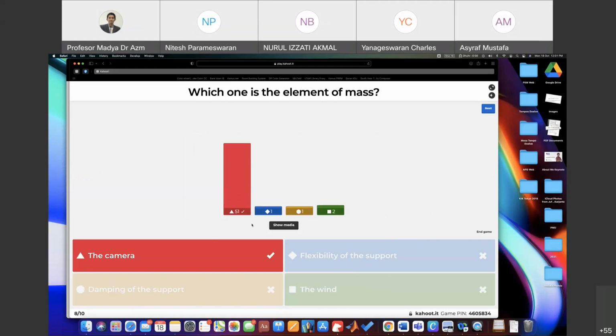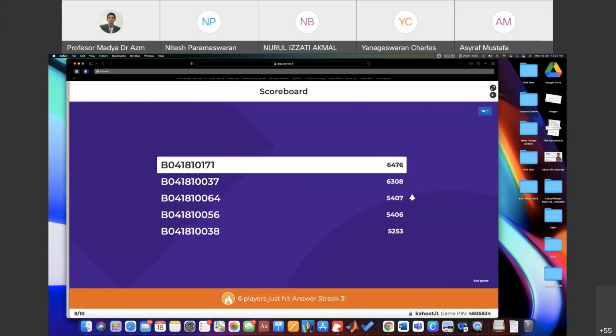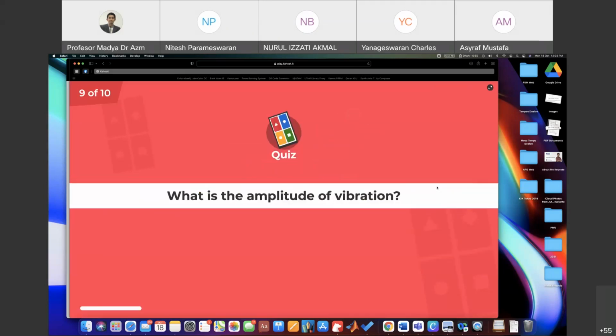So kalau elemen mass of the support boleh diabaikan, so dia just the mass. Kalau mass of the support cukup besar untuk contribute, maka kita kena tambah sikit effective mass dia. Okay. Okay, 171. Next.